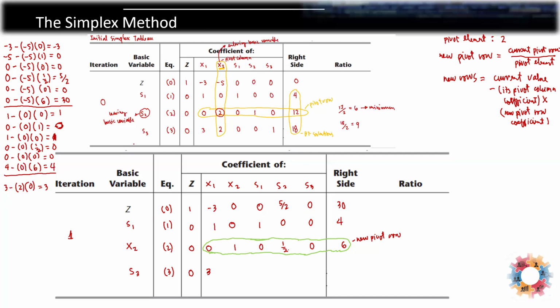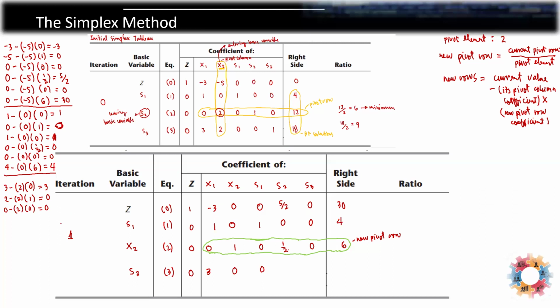And then 2 minus 2 times the new pivot row coefficient, which is 1. So this is equal to 0, right? And then 0 minus 2 times the new pivot row coefficient, which is 0, equal to 0. So this is 0.